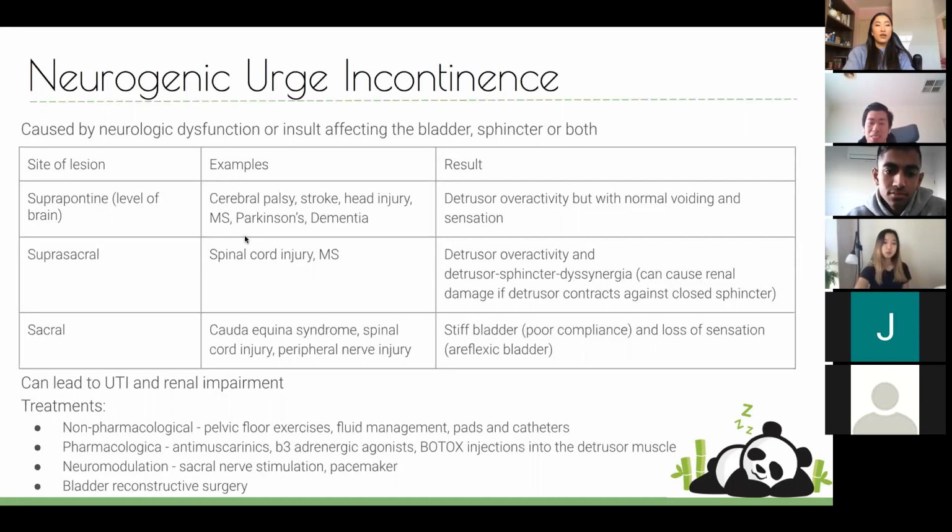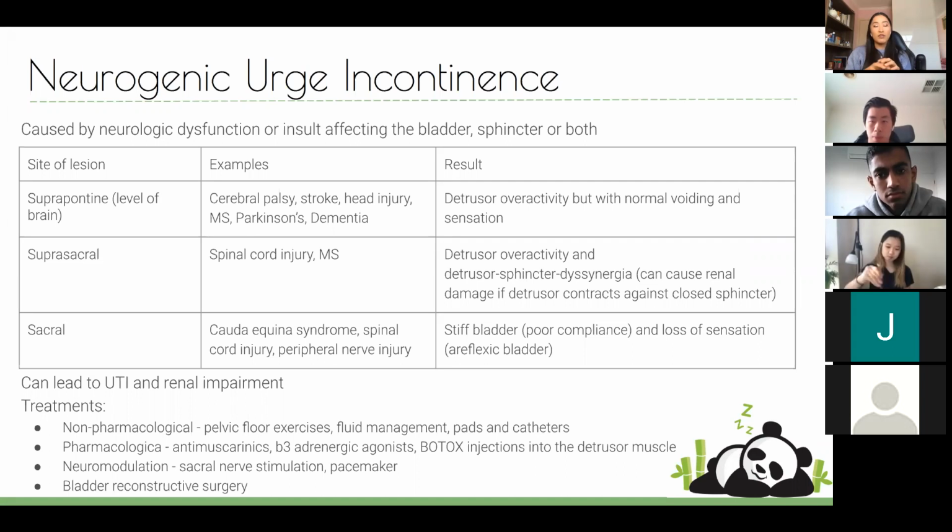And actually, you'll learn more about it when we do neuro, because this is very neuro related. The idea is it's overactivity if it's higher up because it's an upper motor neuron lesion, and underactivity if it's lower down at the sacral level because it's a lower motor neuron lesion. So when it's higher up, it just spazzes out a bit.